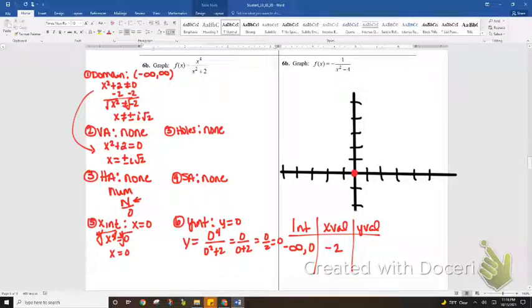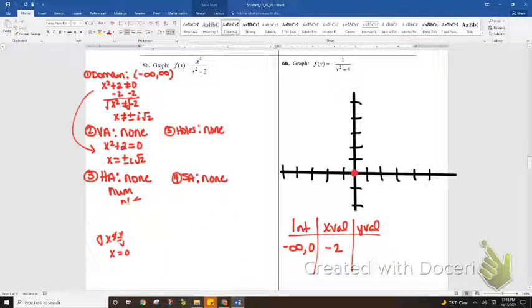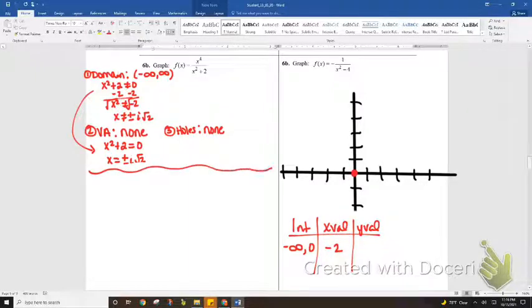We're going to plug negative 2 into our function here. So I'm going to have to erase some to give myself some room to work. Alright. So y equals negative 2 to the 4th over negative 2 squared plus 2.